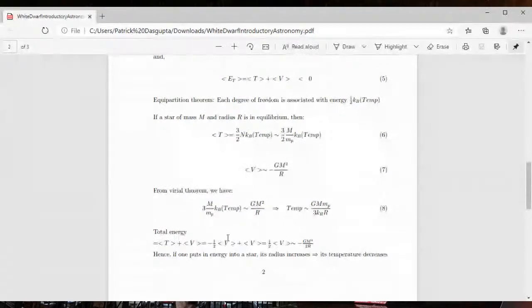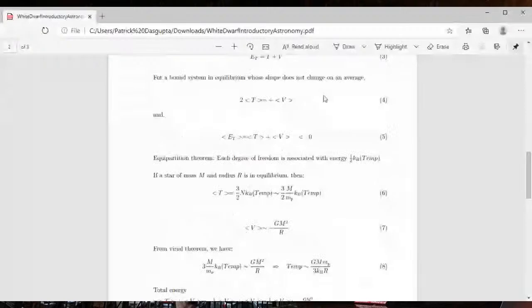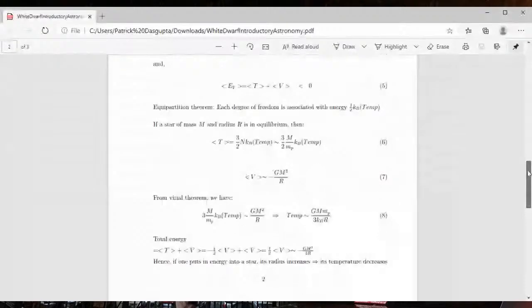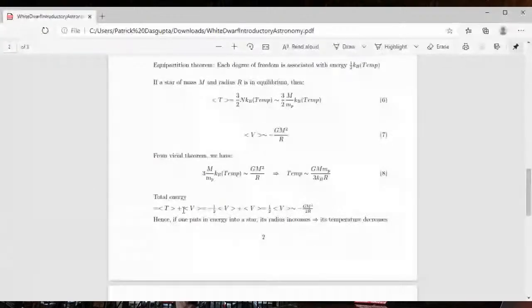Remember the virial theorem? Virial theorem tells me, equation 4, that twice the time average kinetic energy is negative of the time average potential energy, and hence the total time average energy of the star is time average kinetic energy plus time average potential energy.